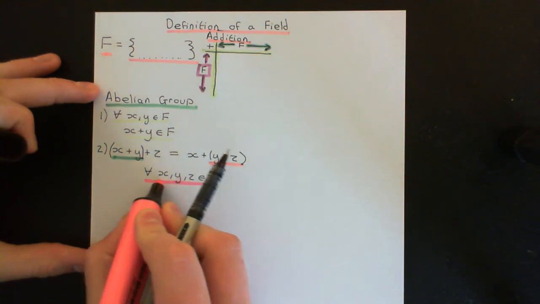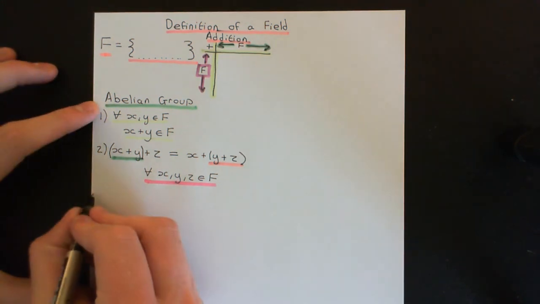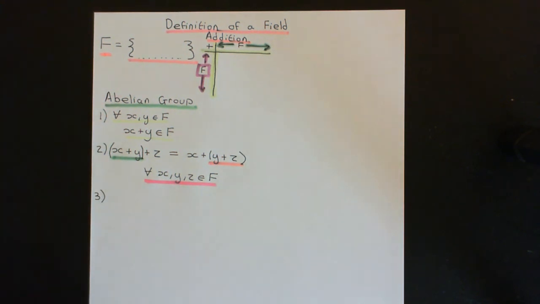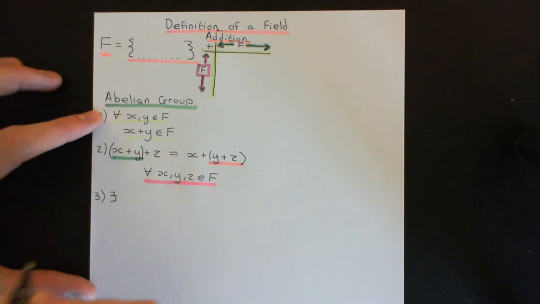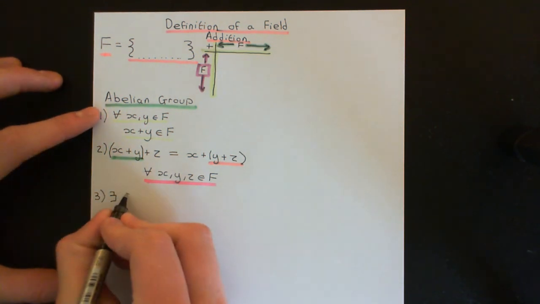Okay, so that's what we mean by the associative law, and we've spent a lot of time studying that in the form of group theory in the group theory playlist. Right, so axiom number 3 of an abelian group says that there must exist an identity element. Now there is a symbol that we always use for the identity element of the addition composition law in a field, and that is 0.